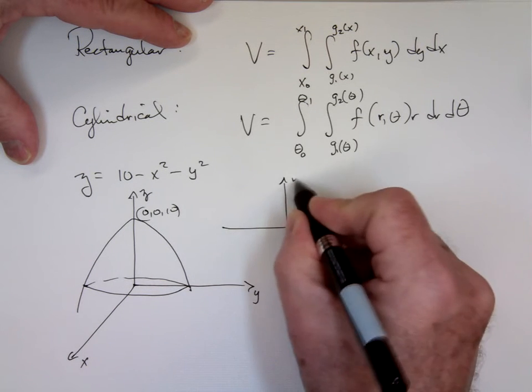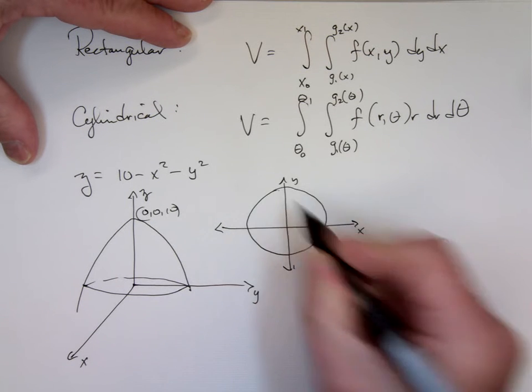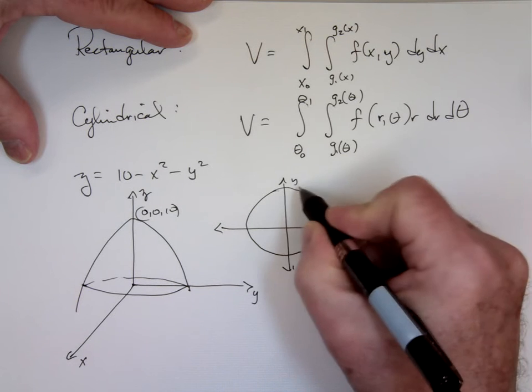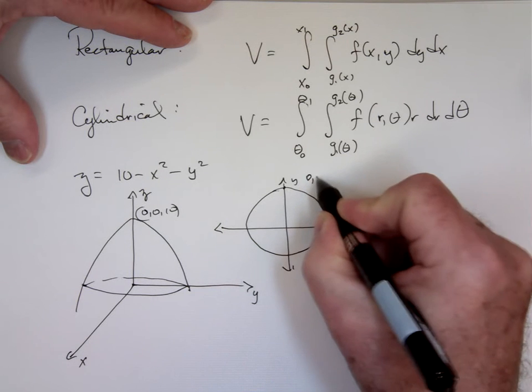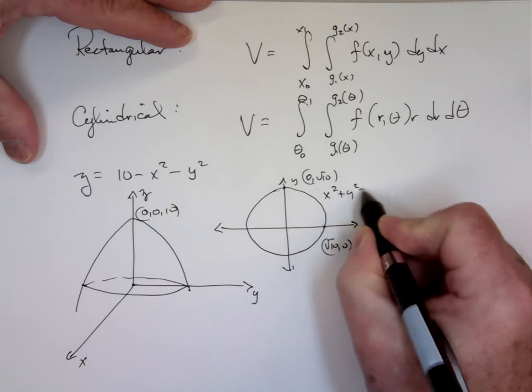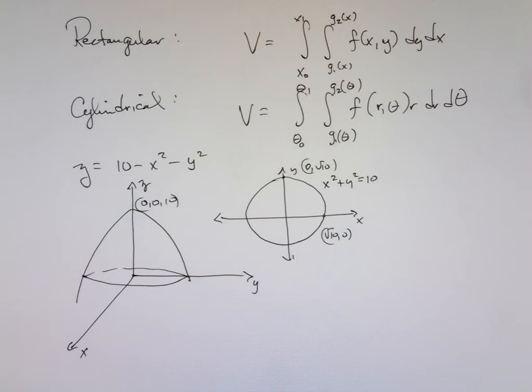This is our region in the xy plane. In rectangular coordinates, we had that. We set up the integral in rectangular. We started doing it and saw that it was a very nasty integral to do. Let's do it now in cylindrical coordinates.